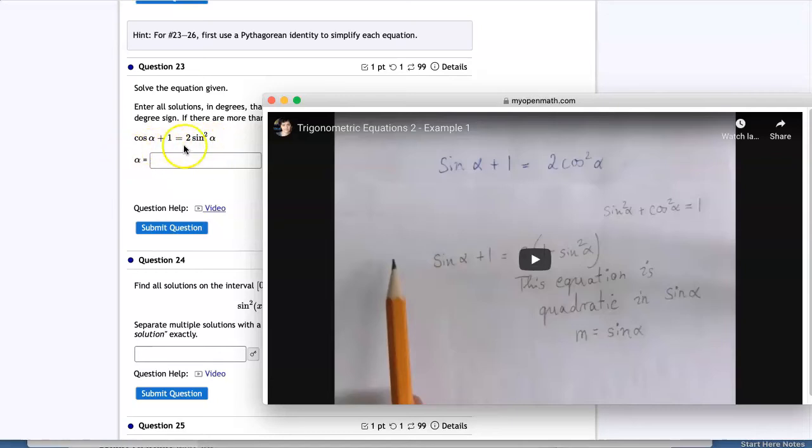So I imagine, or alpha, these are alphas. The idea is that sine squared plus cosine squared is equal to 1. So you can replace your cosine squared with 1 minus sine squared, just like you could replace over here your sine squared with 1 minus cosine squared. And that way you'll get something entirely in the form of one trig function.